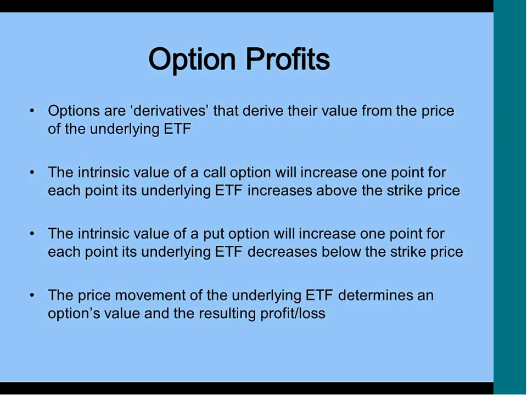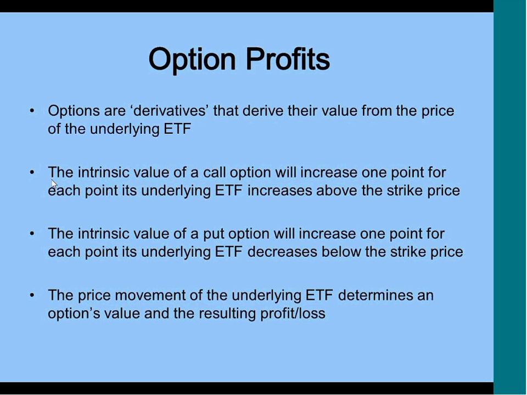Now, if you want to profit using options, options are derivatives that derive their value from the price of the underlying ETF. The intrinsic value of a call option will increase 1 point for each point the underlying ETF increases above the strike price.